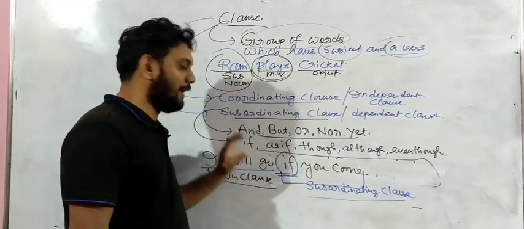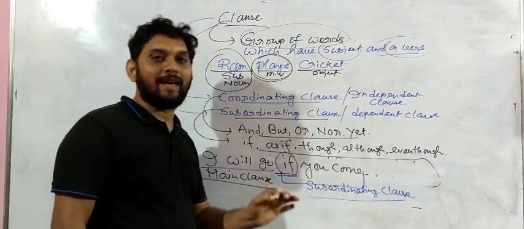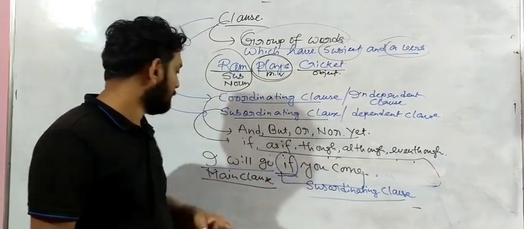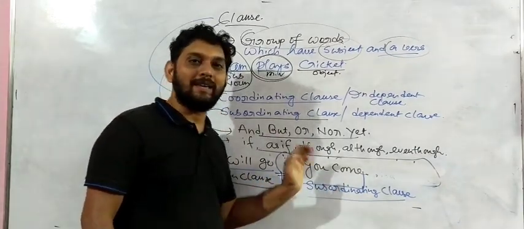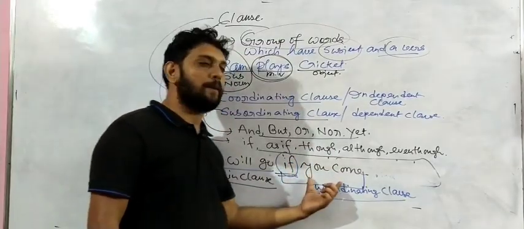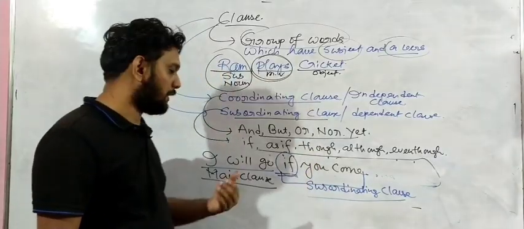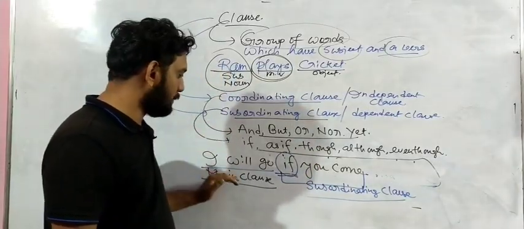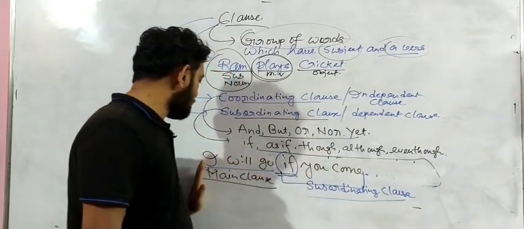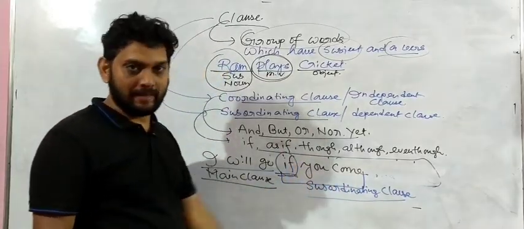And now the complete sentence has its own meaning. I will go if you come, it has meaning because it's a sentence. Previously if you come was a clause, it did not show any sort of meaning. Now it has meaning. And this full sentence from I to come is known as a complex sentence.